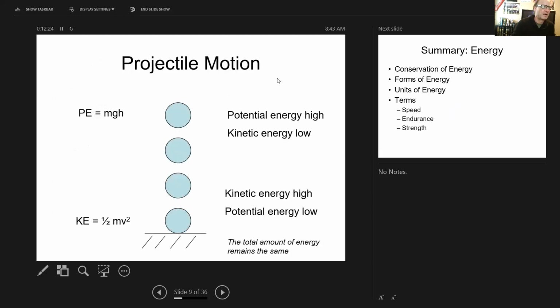Okay, now this is a simple example illustrating the transformation of energy from one form to another, and it's projectile motion. And we can do all our projectile motion equations, or understanding of the movement, based upon energy. What I have here is just an object being dropped. I guess that's the easiest way to look at it.